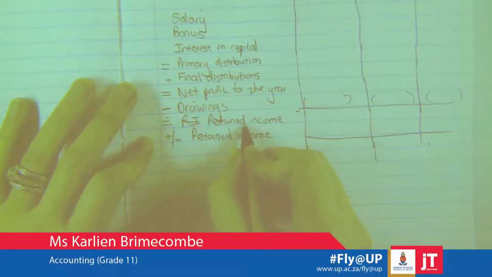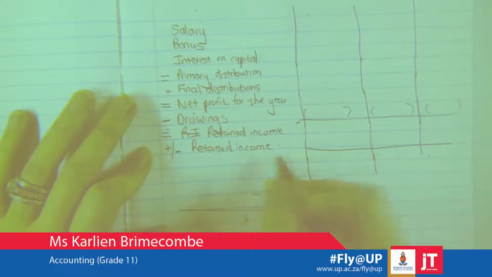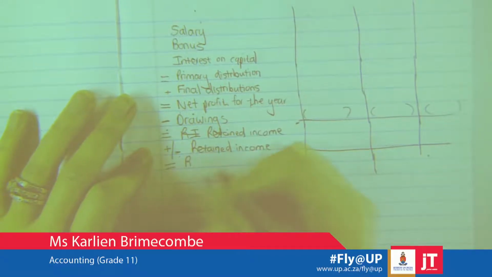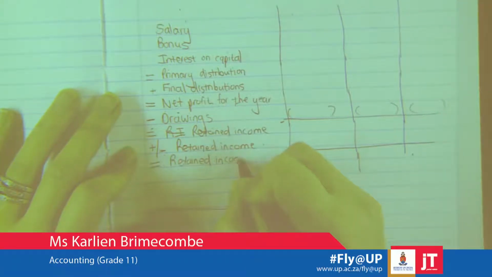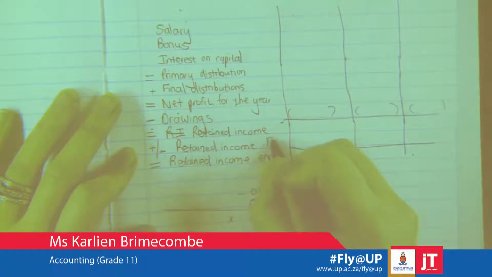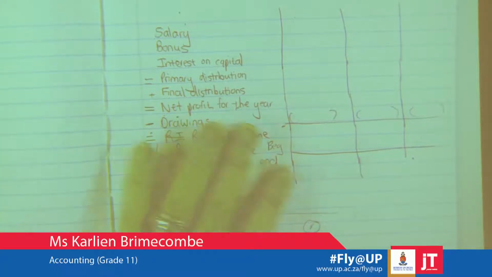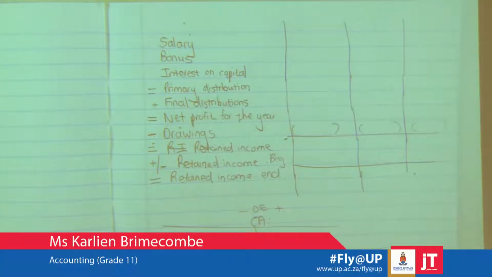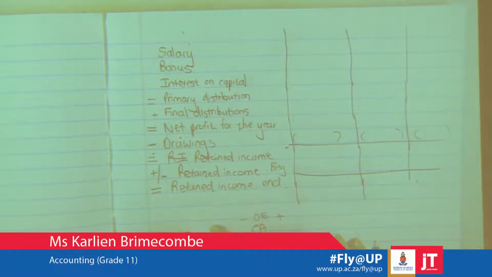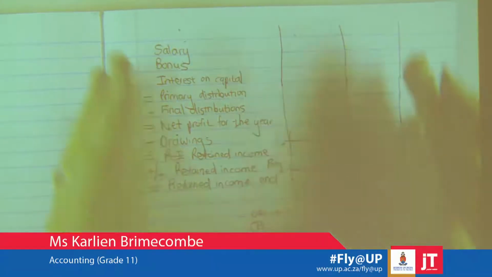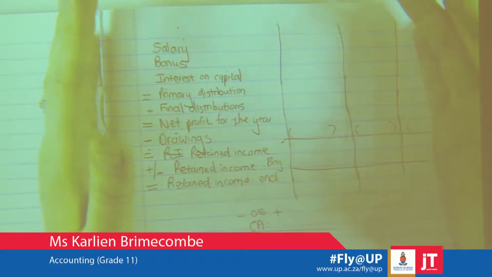So retained income for the year plus or minus retained income equals retained income at the end of the year. That's beginning and that is the end. So this is how the note actually works. If you do a current account, ledger account, T account, it is exactly the same as the note. The balance should be exactly the same.